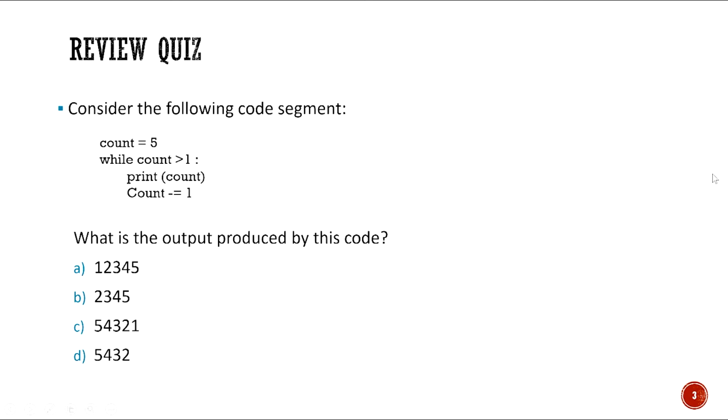We continue this until count is equal to 1. 1 is not larger than 1, so the condition is not correct, so we stop. So here the right answer is D, 5, 4, 3, 2, because 1 is not greater than 1, so we don't run that at the last iteration.